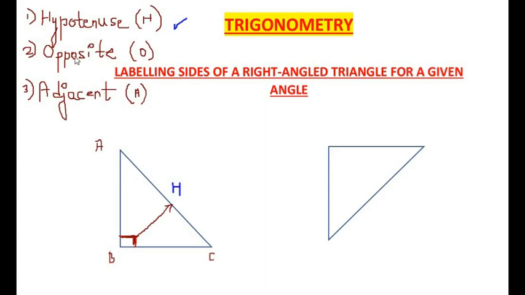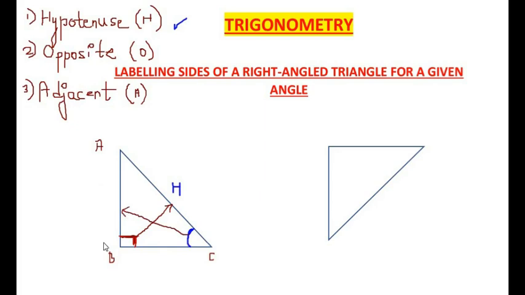Next we have to mark the opposite side. To mark the opposite side we have to look at the angle of concern. That means if I am saying, find out the angle C, then this is the angle of concern, and the side opposite to this angle is AB.